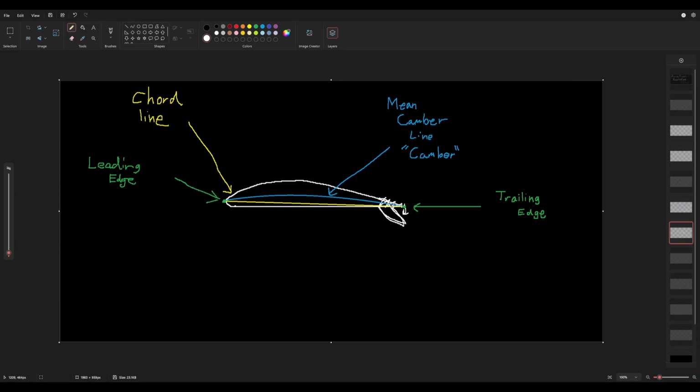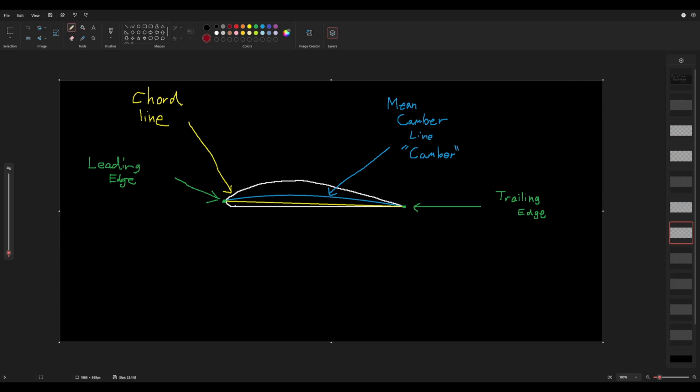Let's fix that up a little bit. Tilts down, which allows that camber line to then have a more curved appearance and results in more lift. So that's an example of how they achieve different airfoil designs and changes to get the best of both worlds.